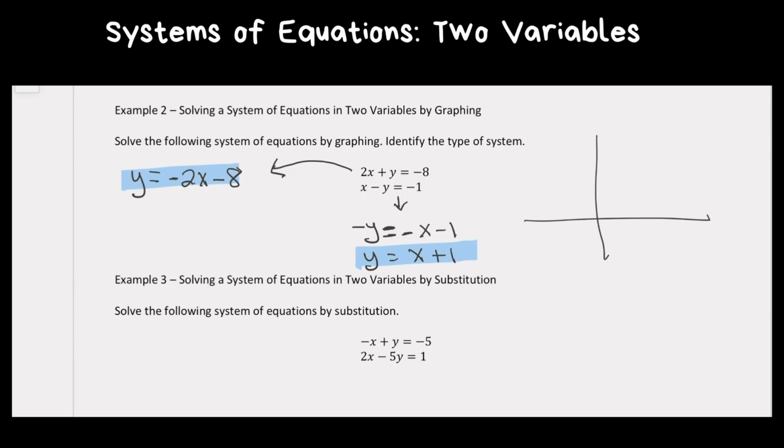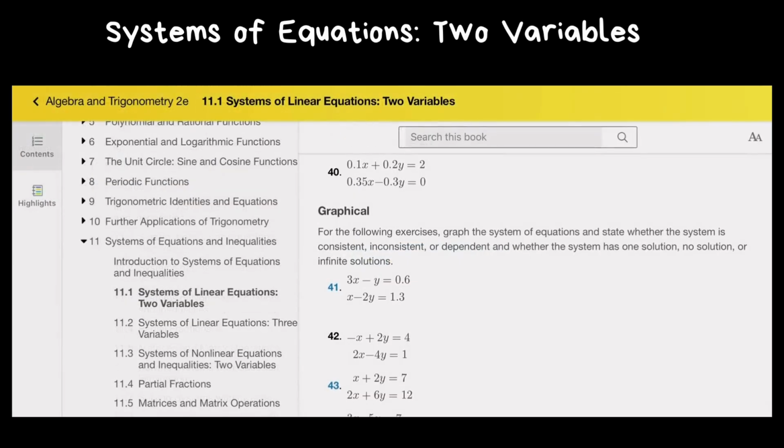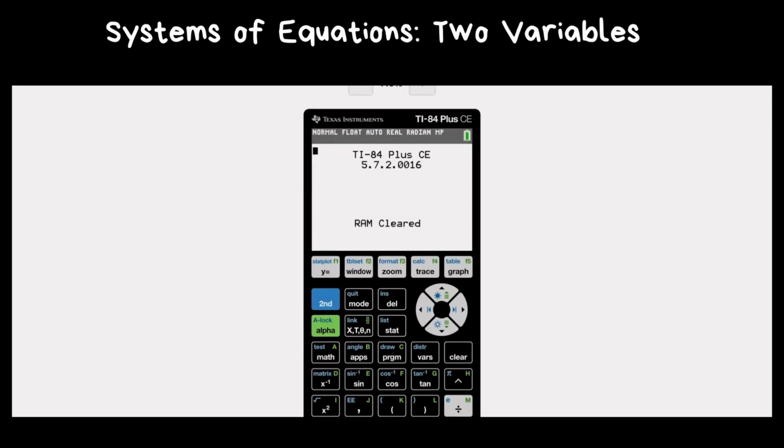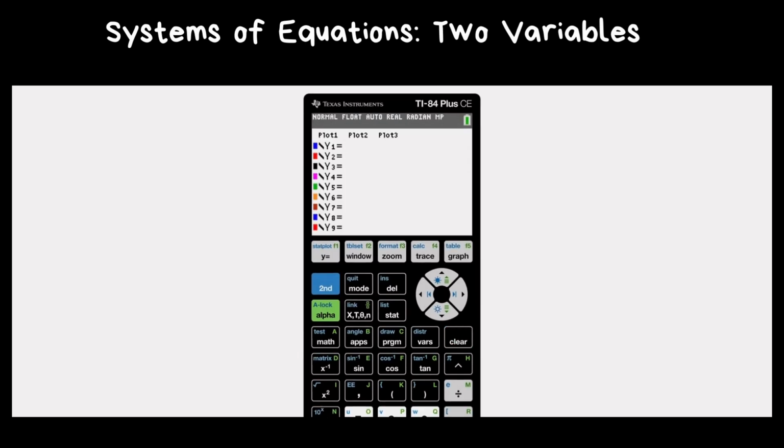The first equation when we solved for y was y equals negative 2x minus 8. The next one is x plus 1.